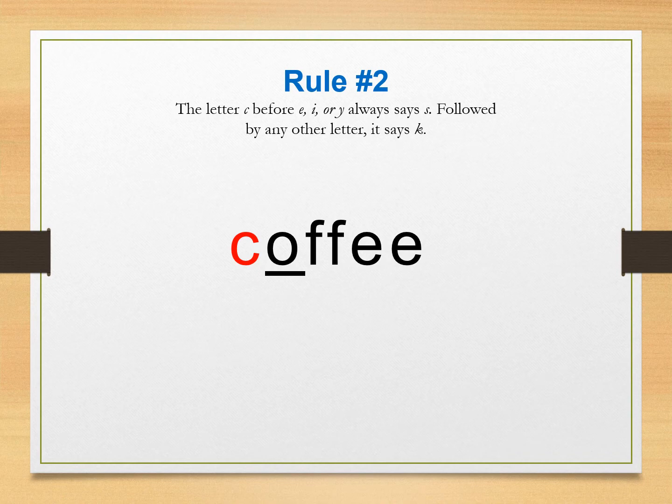The letter C before E, I, or Y always says S. This is an O. This is not an E, I, or Y. Followed by any other letter, it says K. And that's how we know that this C says K. Coffee. Pause and finish writing the word if you haven't already finished writing the word. Coffee.